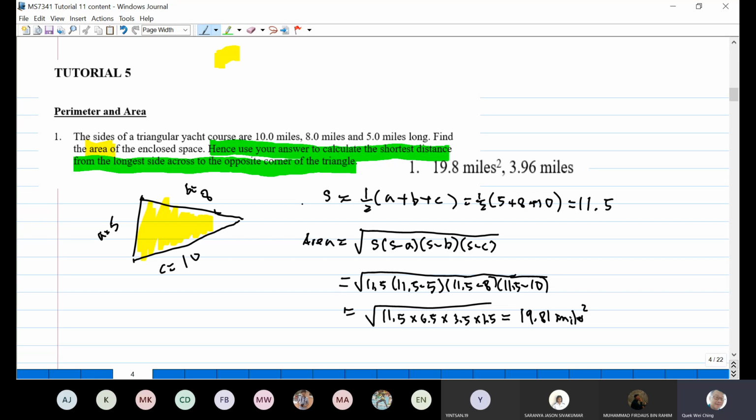Actually, they want this from the opposite corner. If you call this C here, then this A here, this B here. Basically, I want this length. How to get this length, right?